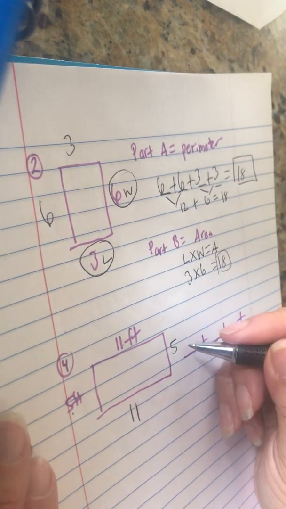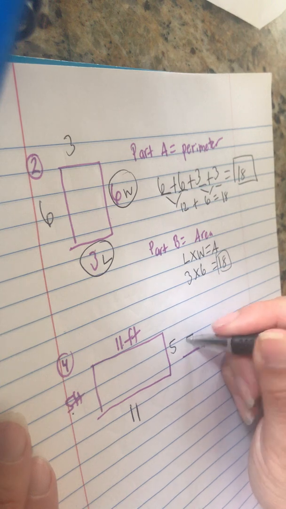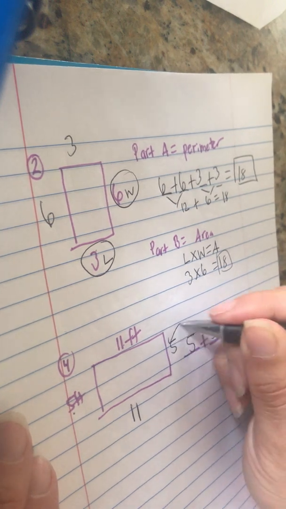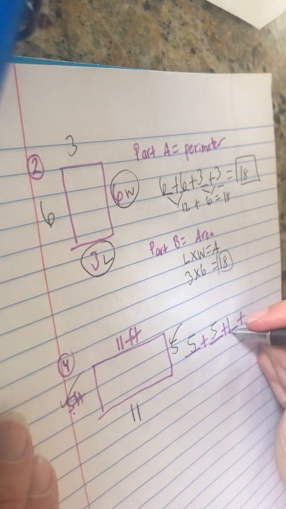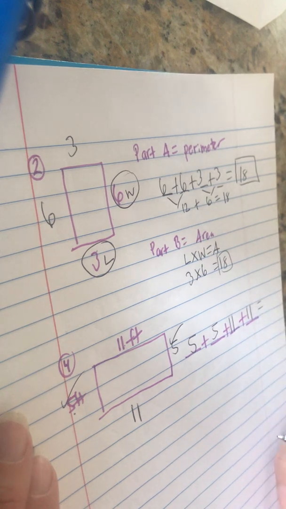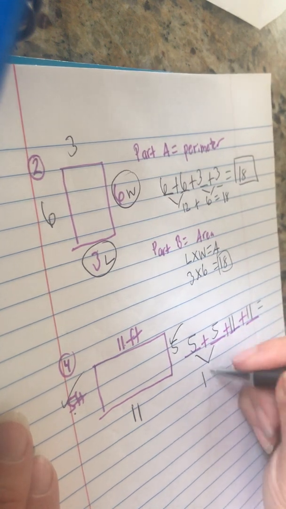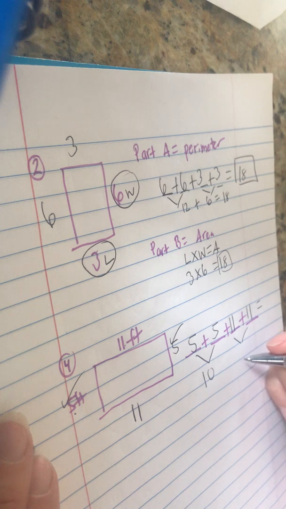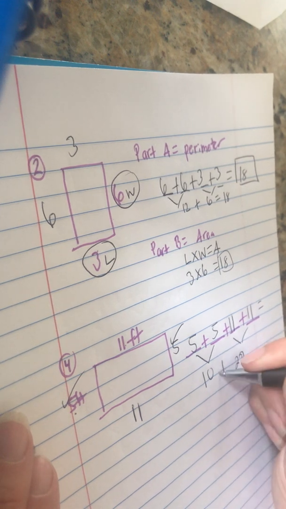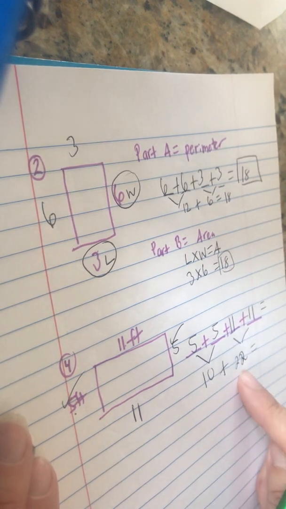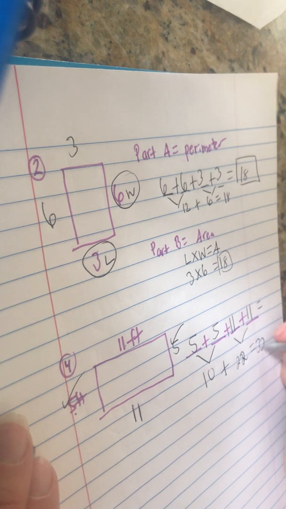Then you go ahead and substitute. So I will write here 5 plus 5, got it. And 11 plus 11, I add my figures. 5 plus 5 is 10. 11 plus 11 is 22. 10 plus 22 is 32.